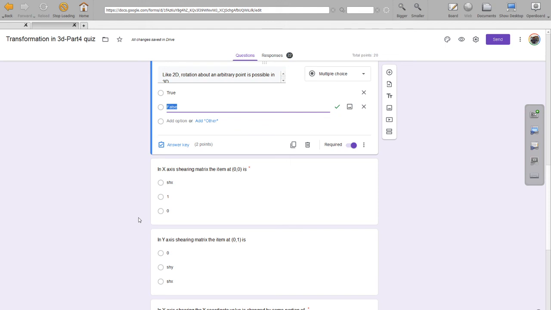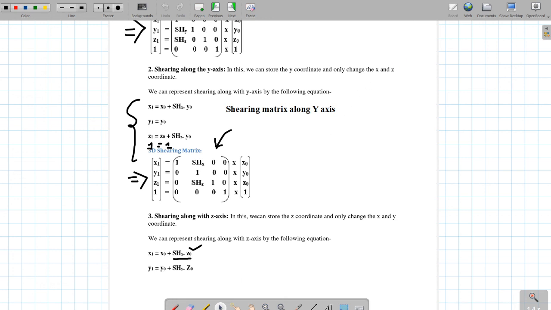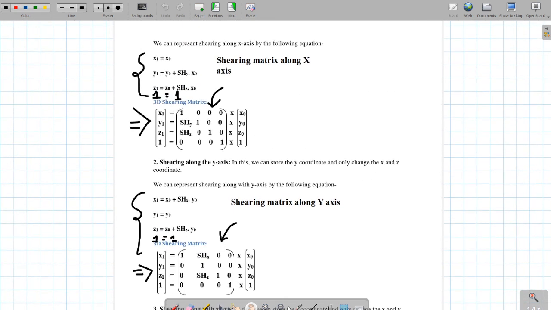In x-axis shearing matrix, the item at location 0, 0 is... So for that you have to recall the x-axis shearing matrix, and the locations go like this.